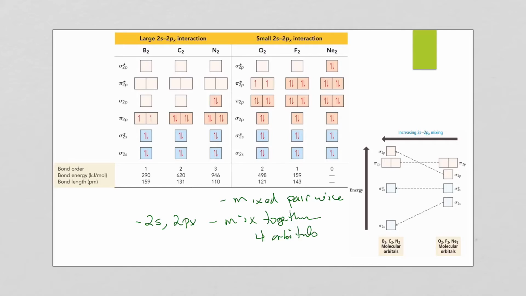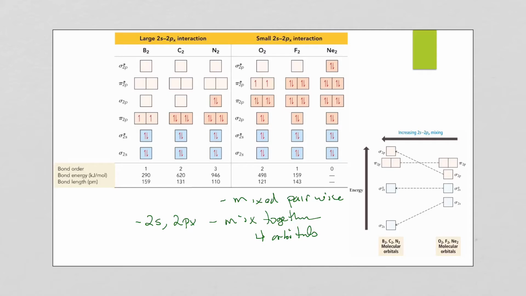Now, this mixing occurs to different degrees, and we can see that here. In the picture we see in oxygen, fluorine, and others, where the sigma 2p is lower than the pi 2p, that comes from not very much mixing, so we're sticking to the pairwise mixing.